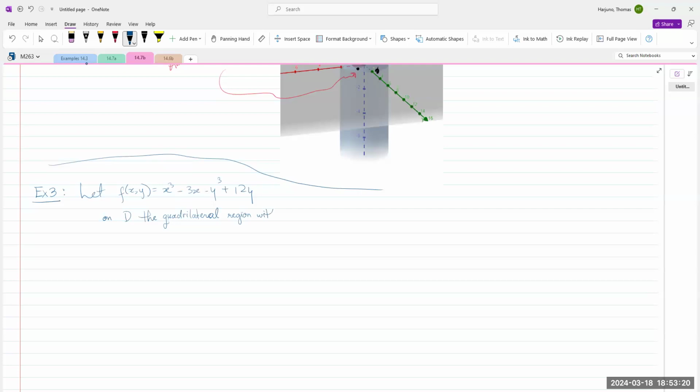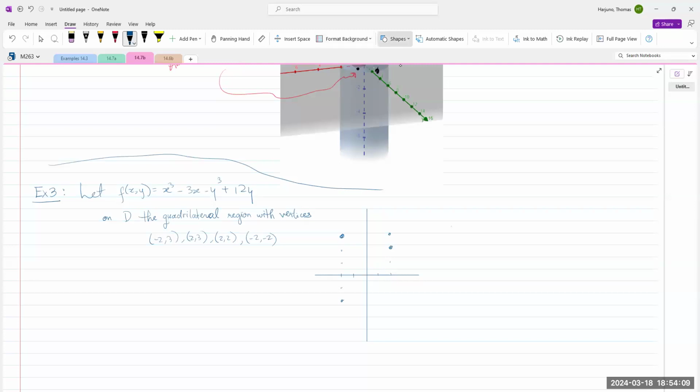With vertices 0, 0. No, I'm sorry. I thought we had 0, 0. I wish. Negative 2, 3. 2, 3. 2, 2. And then negative 2, negative 2. Let's try to picture that. Negative 2, 3 will be here. 2, 3 will be approximately here. 2, 2 is here, and negative 2, negative 2 is here.